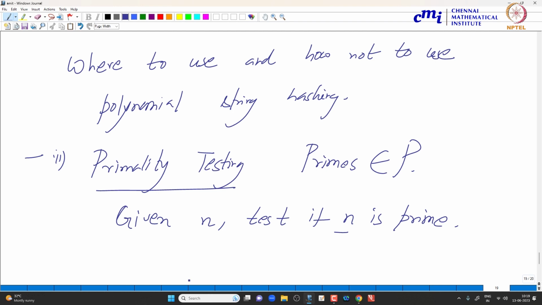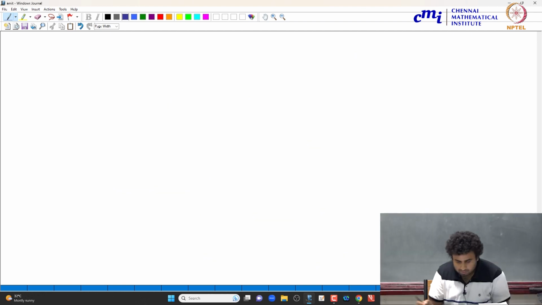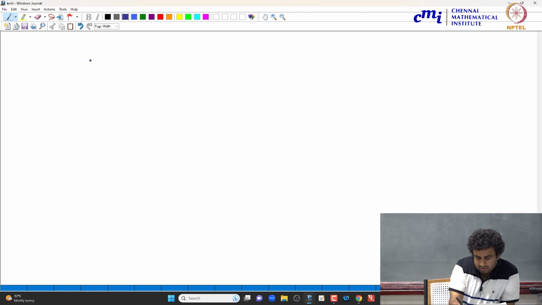If you try out all the factors from 2 up to square root of n, that is polynomial in square root of n, which is not considered a polynomial time algorithm, because n itself is given in log n bits.